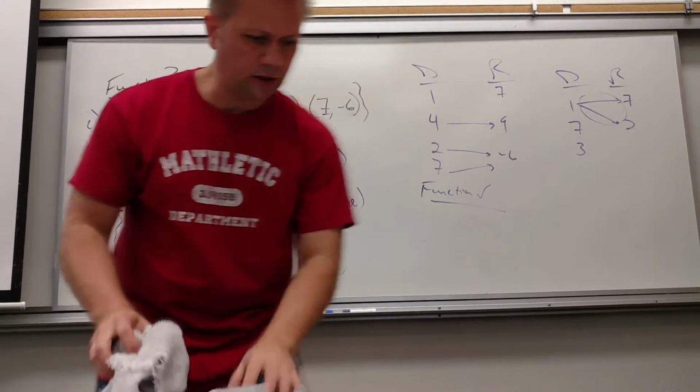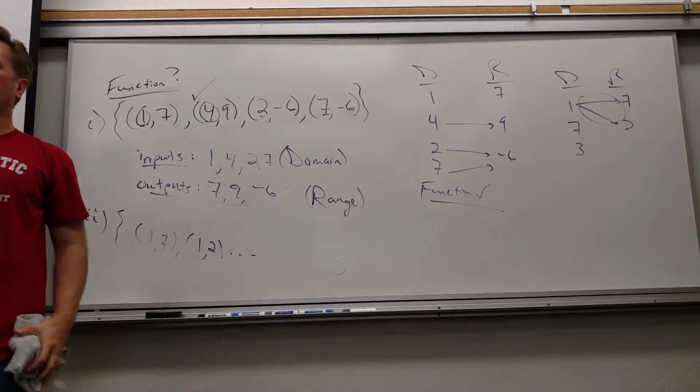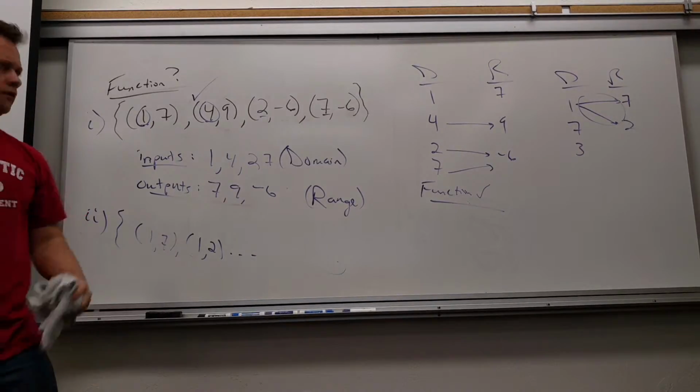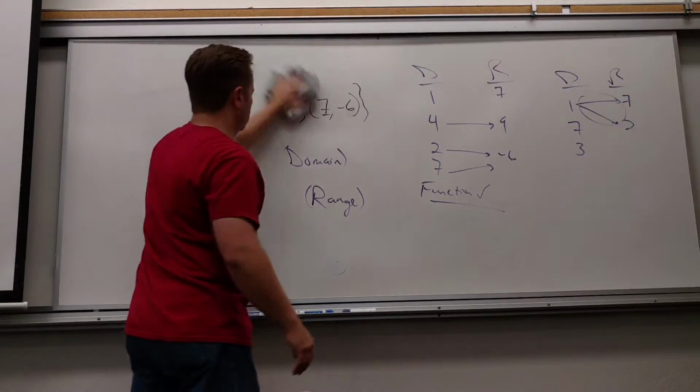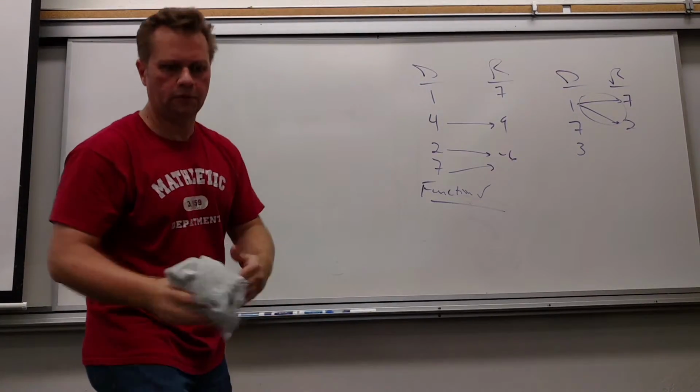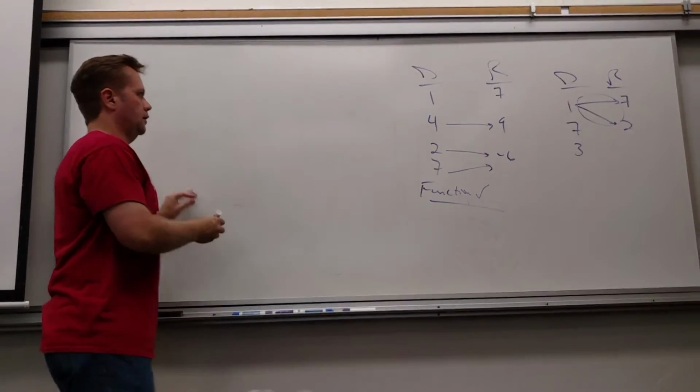So let's get deeper into domain and range, and then we'll head out. This last little piece we'll do today. Let's see what you guys think about this. I was going to use the book, but maybe not.